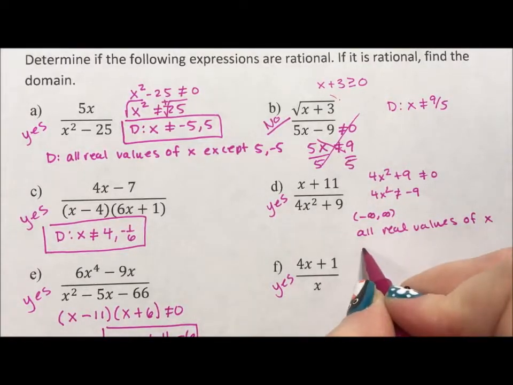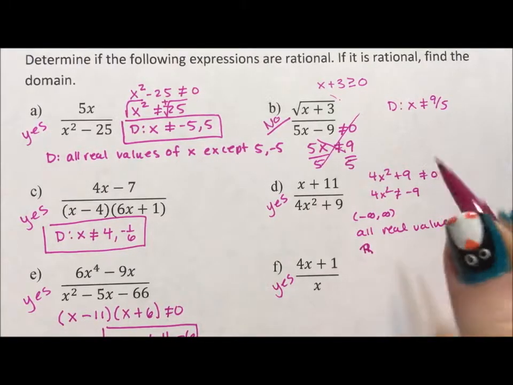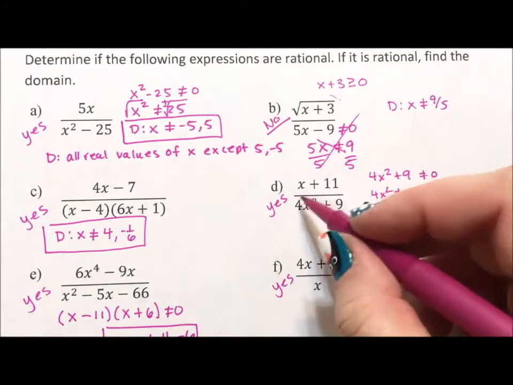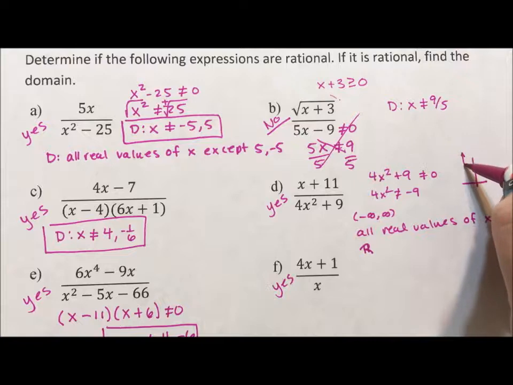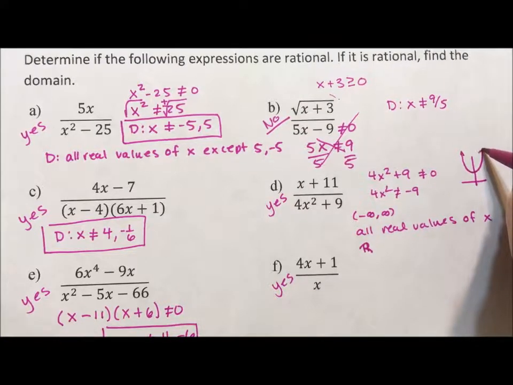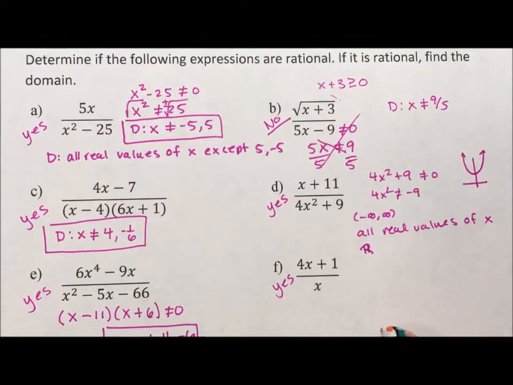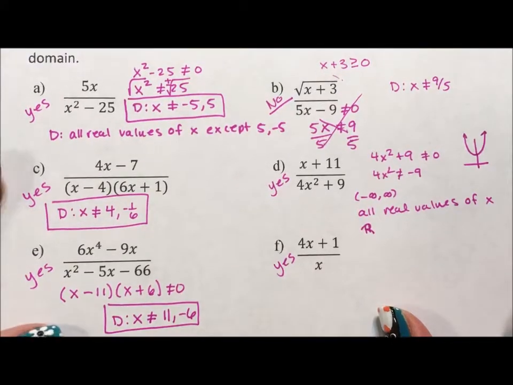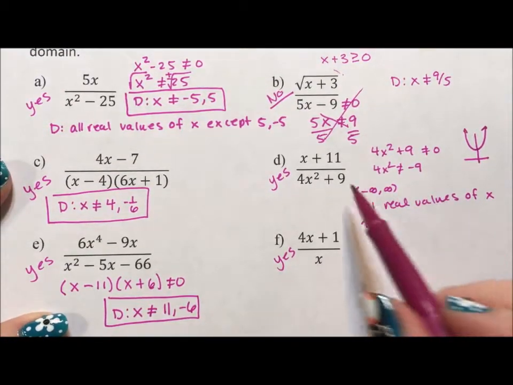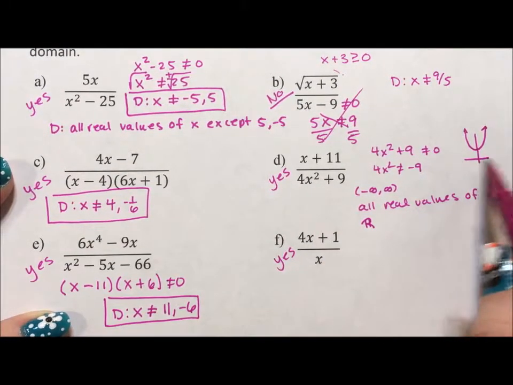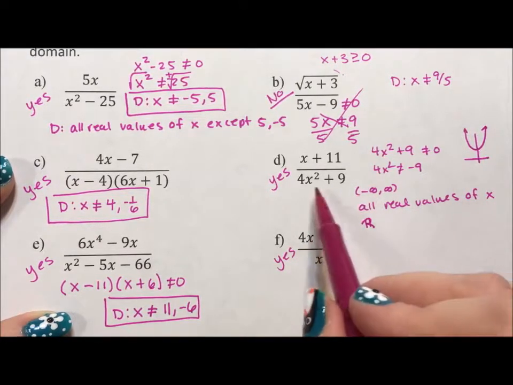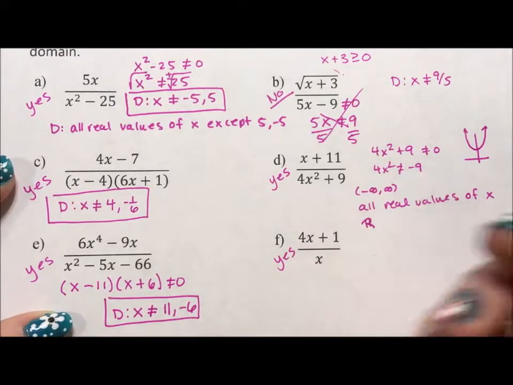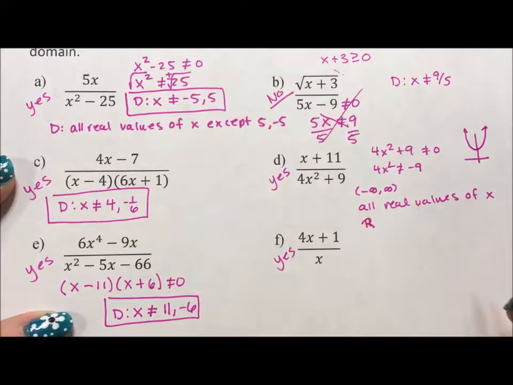Or if you really want, double bar R. What's happening is if we just look at this denominator as a graph, it's a parabola that never reaches the x-axis. And when we're solving, that's really what we're doing, we're trying to find where this graph crosses the x-axis. What values of x would make y equal to 0 if this was equal to y?